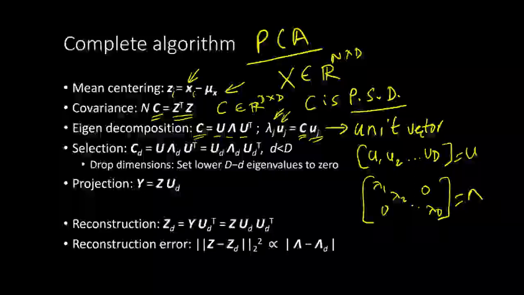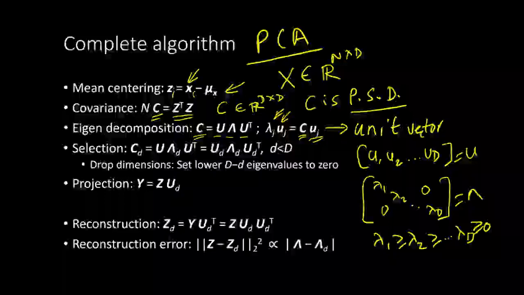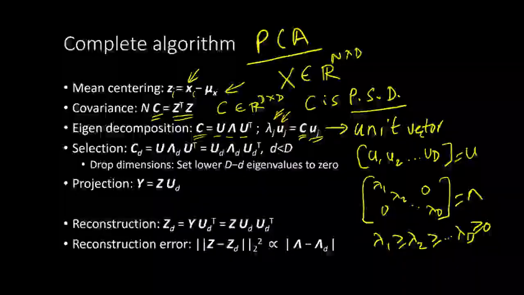Why is it greater than or equal to 0? Because C is a positive semi-definite matrix by definition, because it's a covariance matrix. So this is the step up to the eigen decomposition.